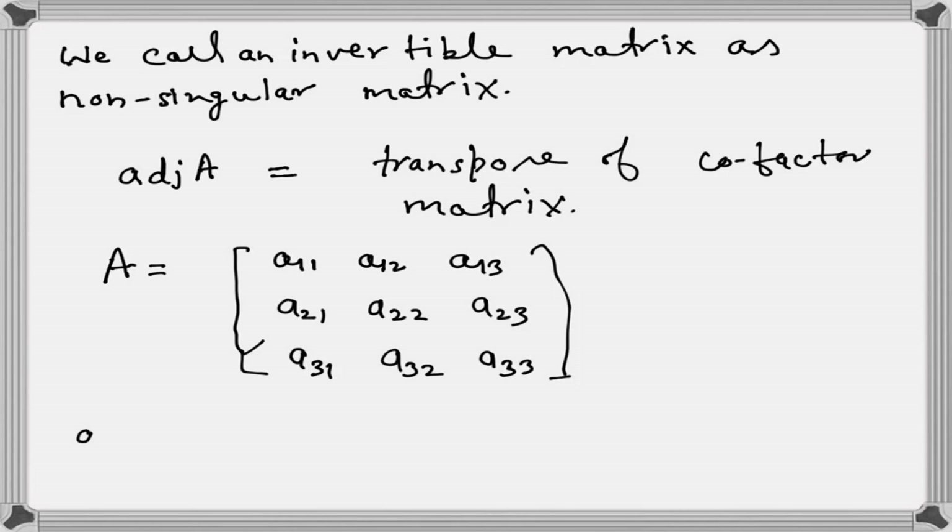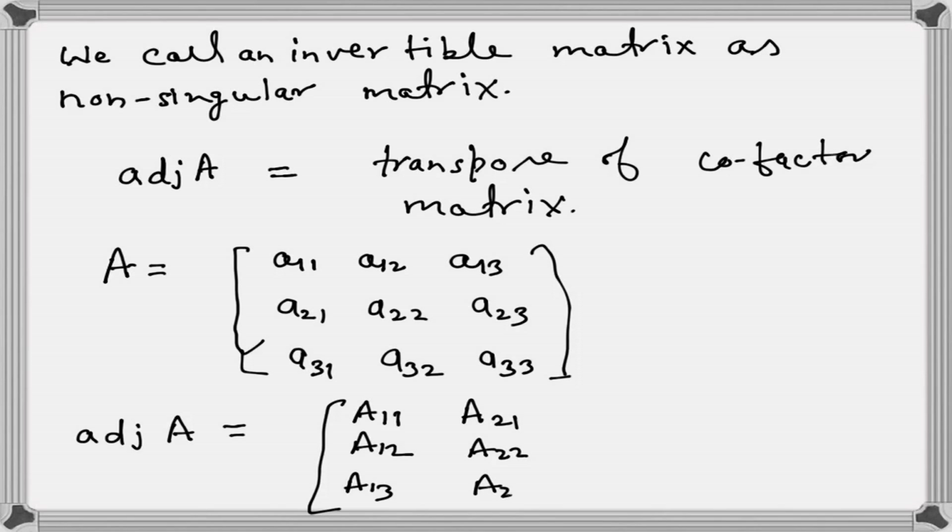So if I write adjoint of A, I just write it as A11, A12, A13, A21, A22, A23, A31, A32, A33.